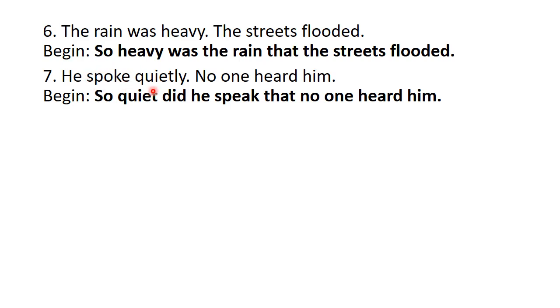So in that case, you don't have to use is, was, or are. Because we're talking about the manner in which something was done, so we use "did". So quietly did, then what happened, of course, is spoke, which is in past tense. You have to bring it to present tense, because "did" shows that it is in the past. So quietly did he speak.